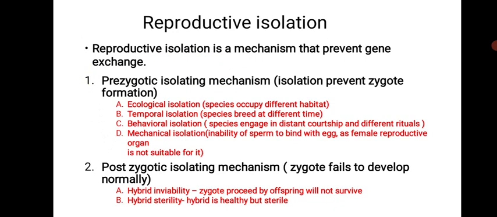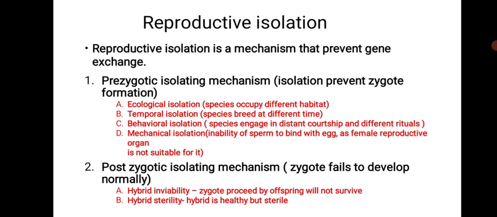In the pre-zygotic isolating mechanism, there are four types: ecological isolation, that is, species occupy different habitats; temporal isolation, species breed at different times; behavioral isolation, species engage in distinct courtship and different rituals; and mechanical isolation, the inability of a sperm to bind with the egg as the female reproductive organ is not suitable for it.